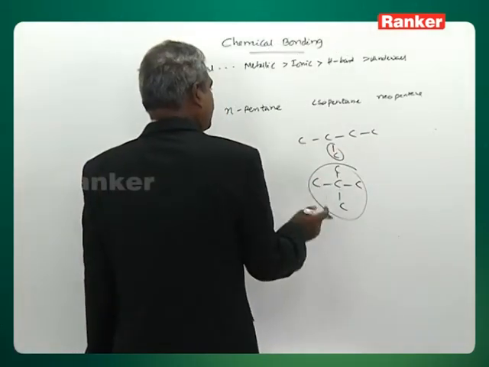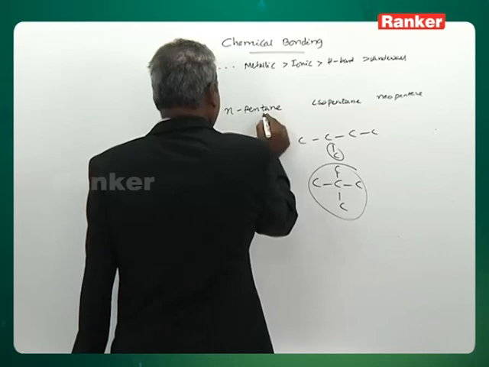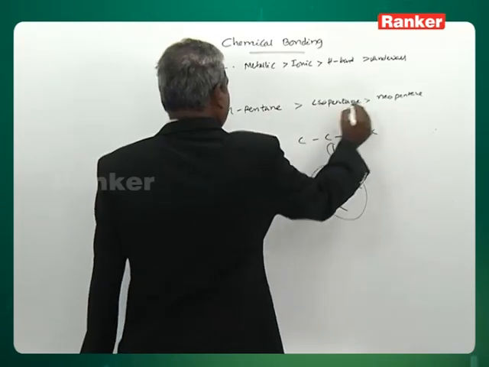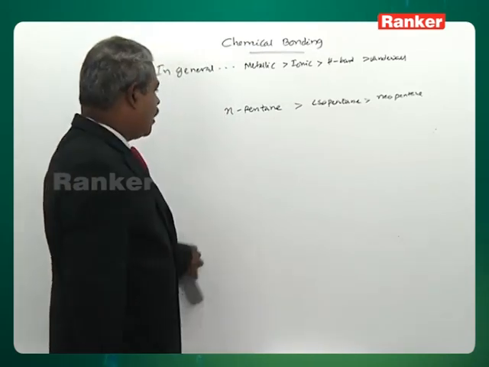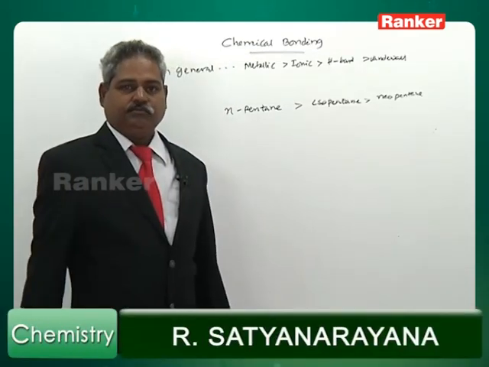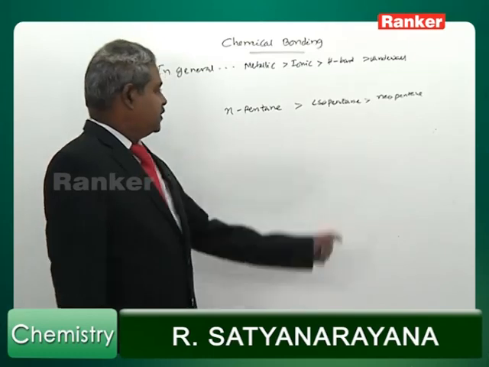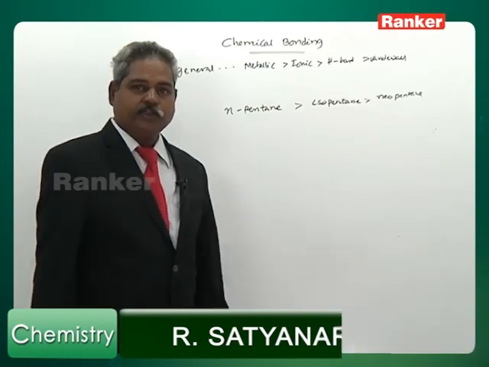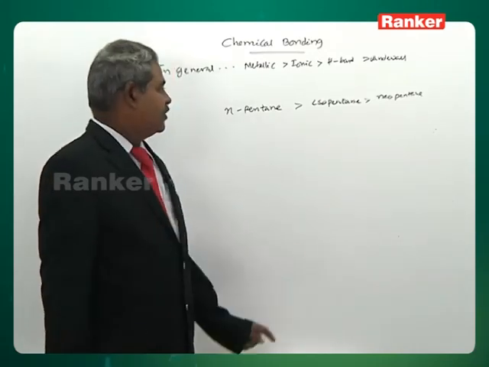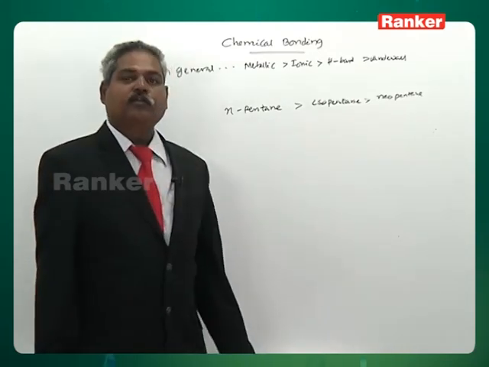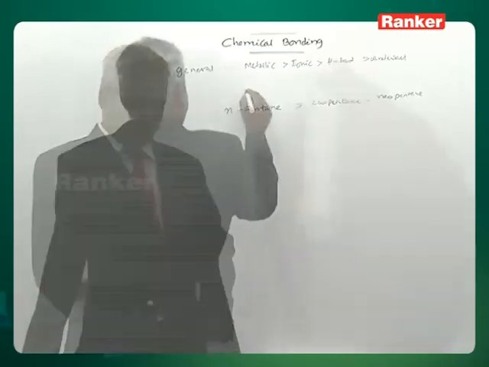Therefore, more branches, less boiling point. So, this is normal. That's it. This is used as a last tiebreaker. Talking about surface areas and their dependence on boiling point, that is the last resort. You look at it when there is no other force of attraction existing.